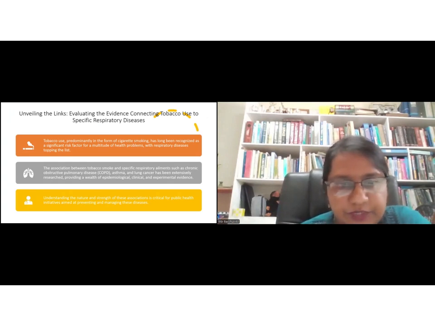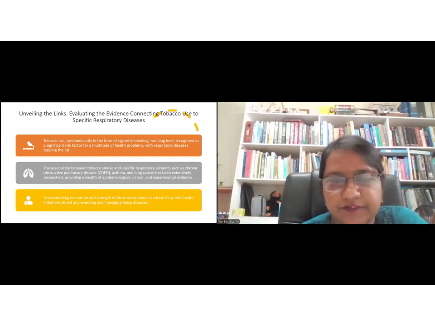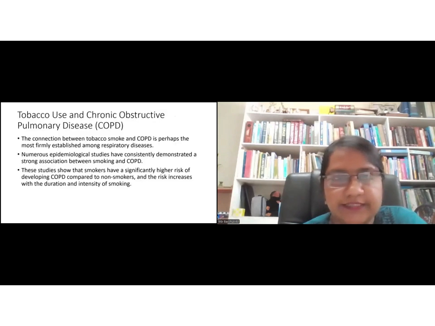The association between tobacco smoke and specific respiratory ailments such as chronic obstructive pulmonary disease, asthma, and lung cancer has been extensively researched, providing a wealth of epidemiologic, clinical, and experimental evidence. Understanding the nature and strength of these associations is critical for public health initiatives aimed at preventing and managing these diseases.